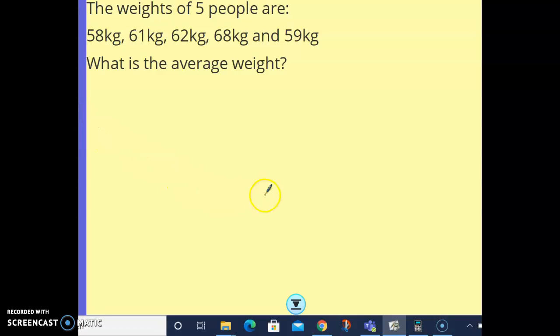Okay. Average question. We want to find the average weight. We're going to start by adding up all our amounts. So 58, add 61, add 62, add 68, add 59.